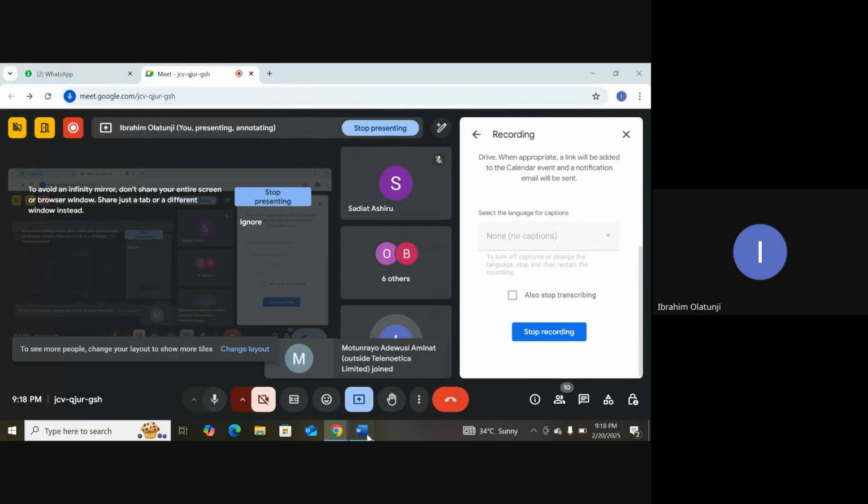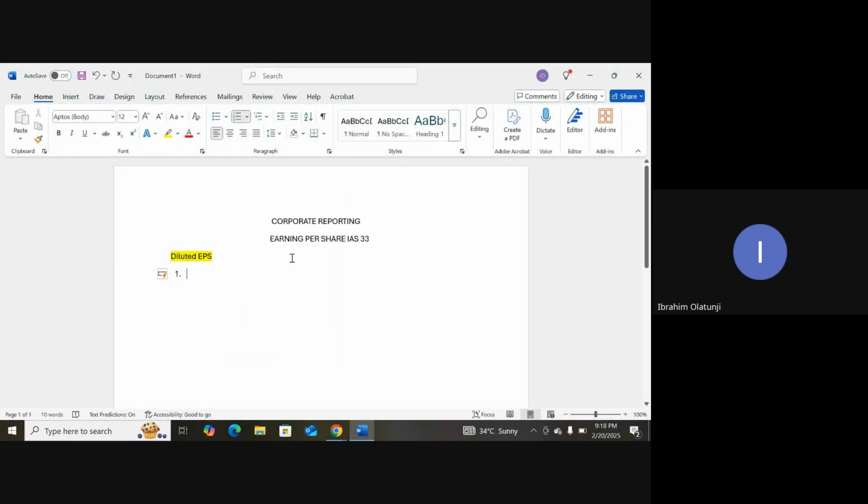So I'm back. I said number one is that we have to calculate, this is what I said yesterday, for us to recap, we have to calculate the weighted average number of shares for basic EPS.